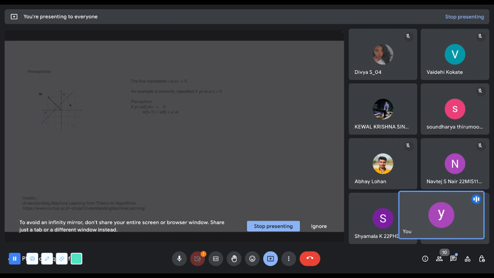Suppose by chance you have this minus here. What happens there? Your w transpose x will be positive, and you have y that is negatively labeled. Now when you do y times w transpose x, that will be negative basically.